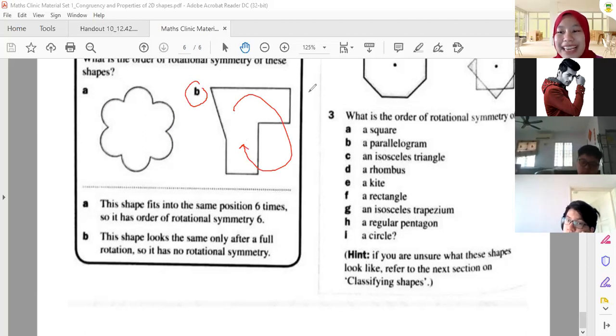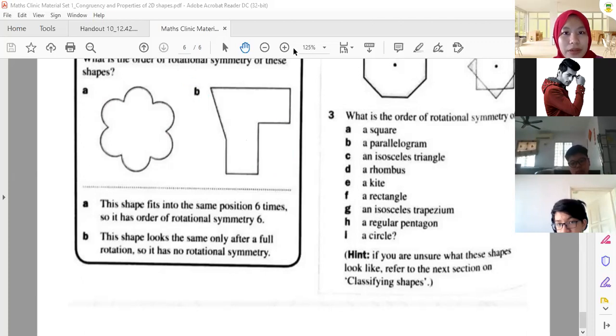Remember, all shapes have at least one order of rotational symmetry because they only get back to their original position after 360 degrees. Now I give you the second material. This is chapter 5. Please feel free to drop a question. Mathematics clinic is where you get the treatment, the medicine, for whatever doubt or problem you are having. Don't feel shy to ask.